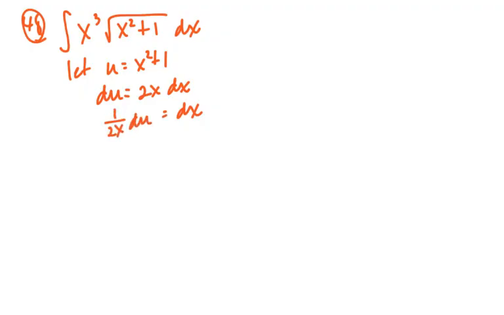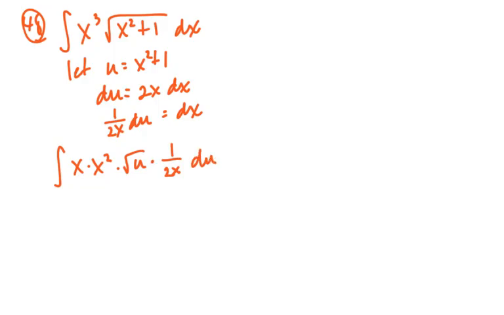So think about x to the third. Here I have an x. I have 1 over 2x right here. So I have an x, but let's write it separately. So I have an x times x squared, because I can see the future here, times the square root of u times 1 over 2x du.